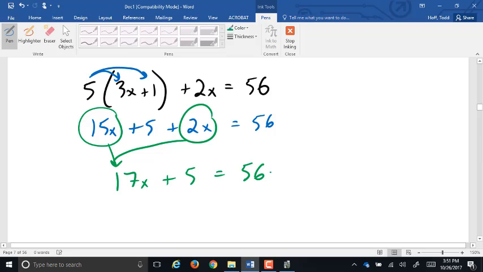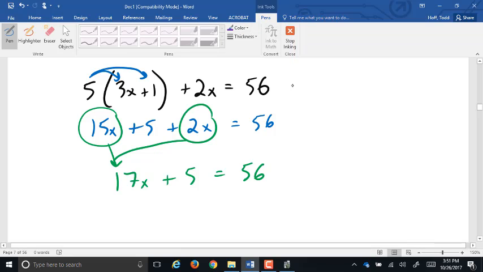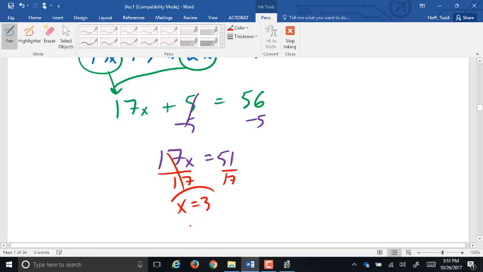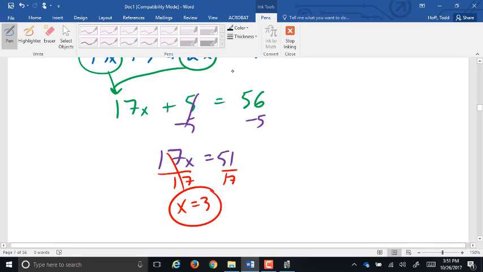So we've got 17x plus 5 equals 56. What's our next step? Subtract the 5. Good. 17x equals 51, and then divide by 17. X equals 3. Any questions?